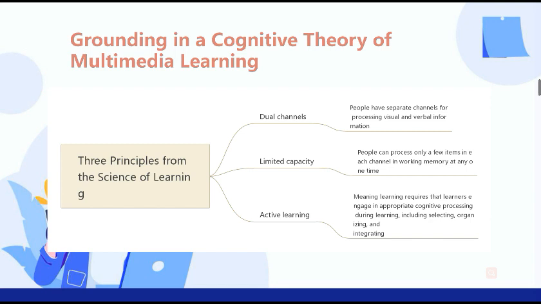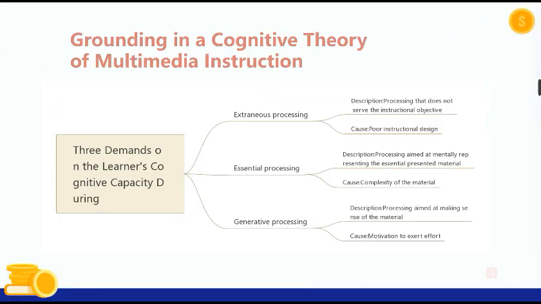People can process only a few items in each channel in working memory at any one time. The third is active learning. Its meaning: learning requires that the learner engage in appropriate cognitive processing during learning, including selecting, organizing, and integrating.